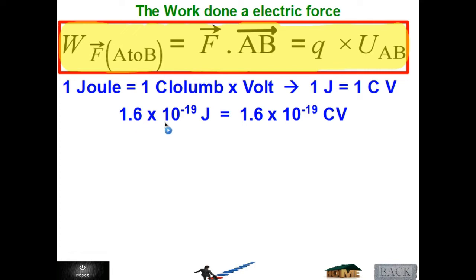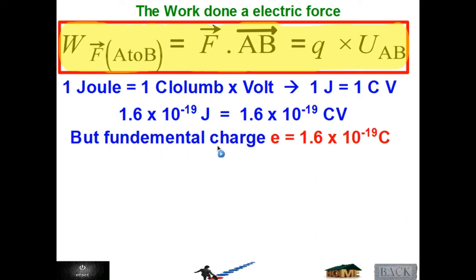So 1.6 times 10 to the power minus 19 joules equals 1.6 times 10 to the power minus 19 coulomb volt. But you can remember that the fundamental charge e equals 1.6 times 10 to the power minus 19 coulomb. So instead of 1.6 times 10 to the power minus 19 coulomb, I will put e.